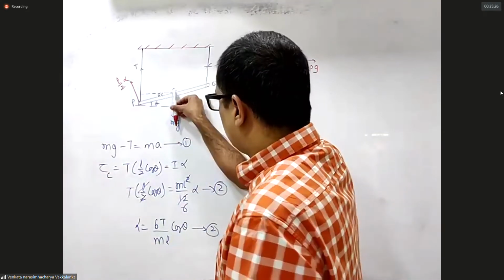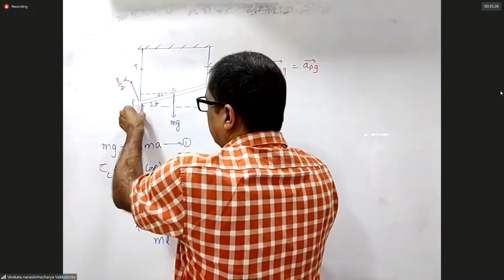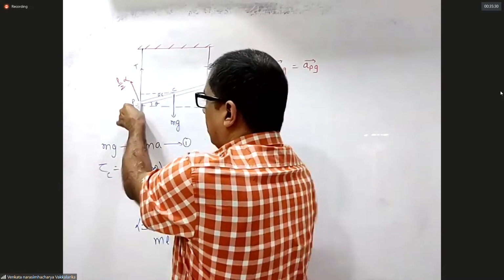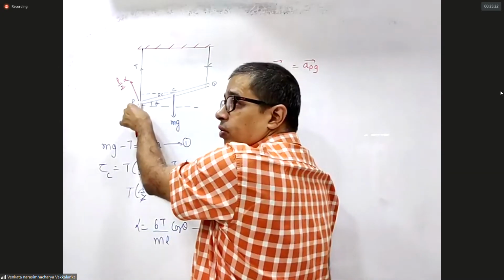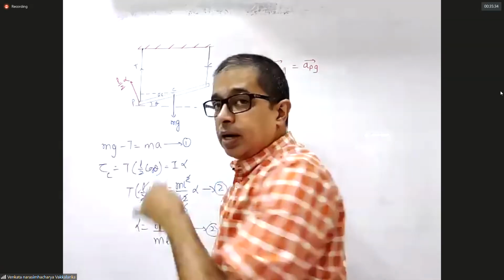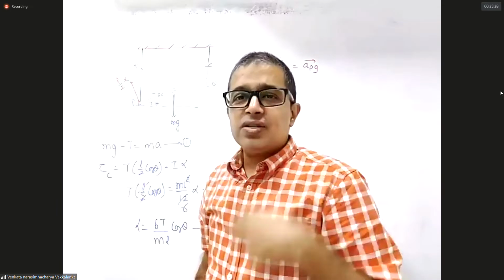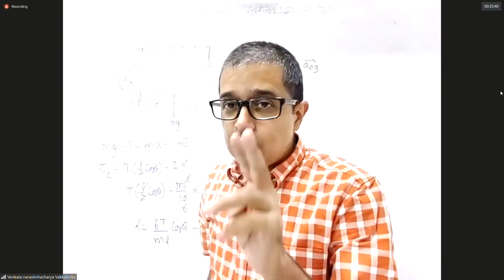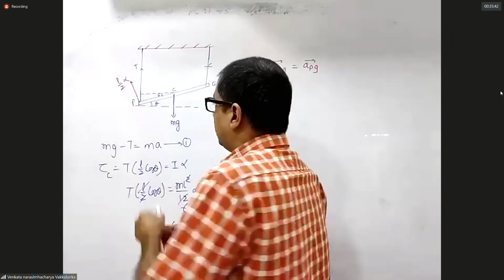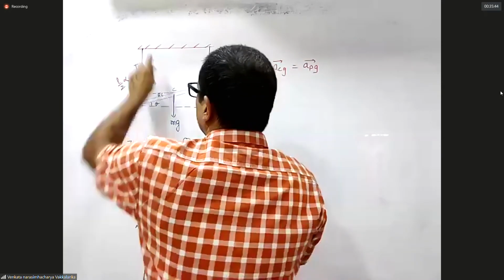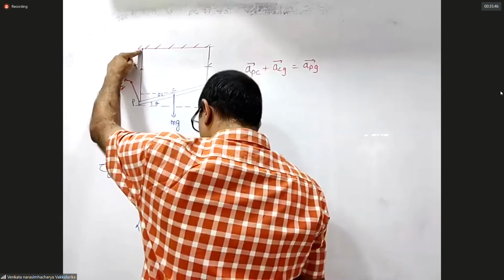Because A is downwards here, I'll just translate this vector. When you take the resultant of A and L by 2 alpha, it should be either triangle law or parallelogram law. Let us see one step ahead. That resultant you will have to resolve along the length of the string and equate it to 0.